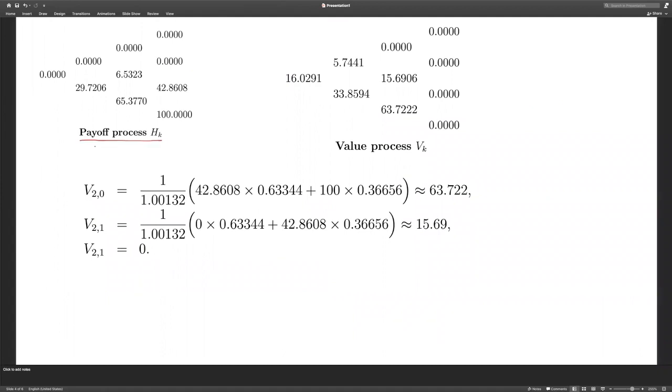Let me put the calculations more clearly. Here is the payoff diagram, and this is the value process diagram. In that, we have calculated the time level T2, which gave us V2 like this. We have to find two more levels. Remember, at level T3, we don't find V. Therefore, this I have just put as 0.